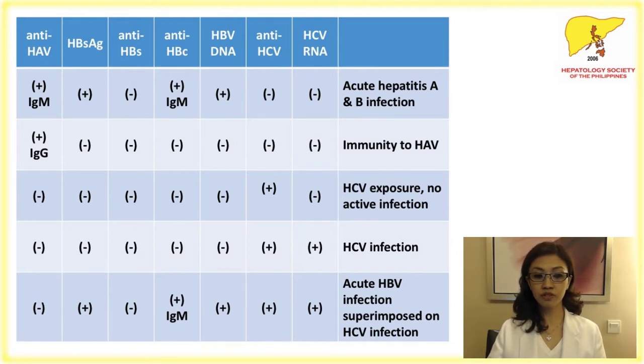In contrast to the previous set, the next set shows exposure to hepatitis C and also carries with it detectable viral load. Therefore, this is active hepatitis C infection. Now, the last one for this set shows acute hepatitis B infection, meaning HBsAg and anti-HBc IgM positive with concomitant HCV infection as in the previous set.